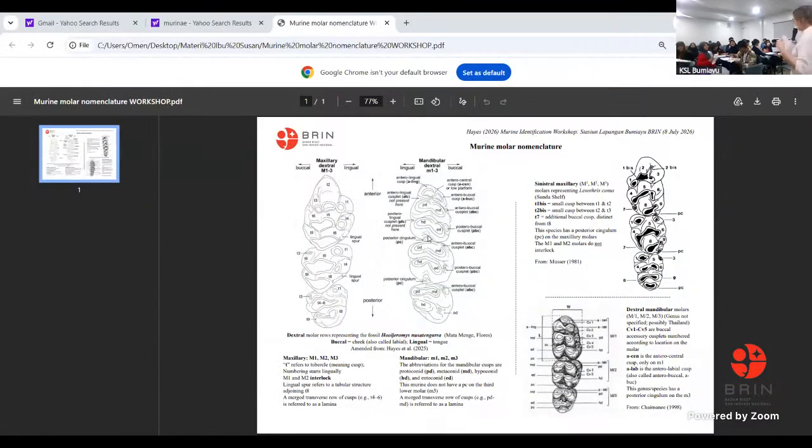This bit of paper is your guide, your reference for the morphological characteristics, and they change from upper teeth to lower teeth. So for the upper teeth, this is maxillary, and it's ventral, so buccal on that side, lingual on that side.